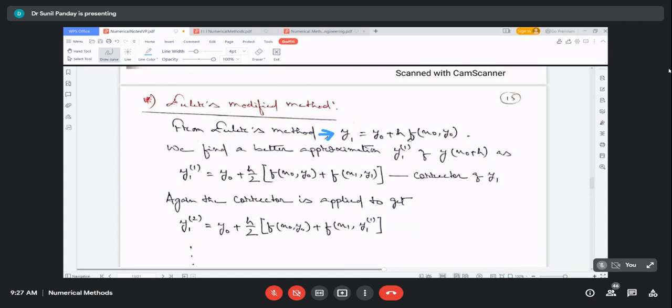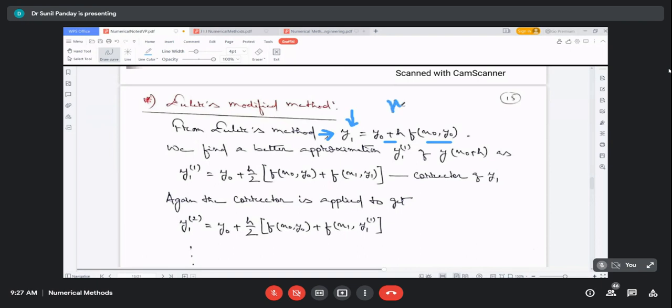Then in each step, as you can see, we have already calculated y1, and now we try to calculate a better value of y1.